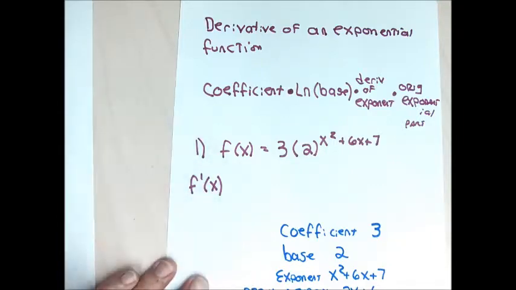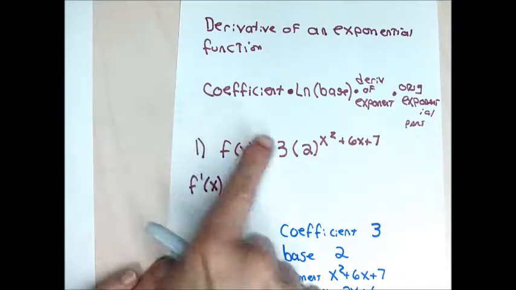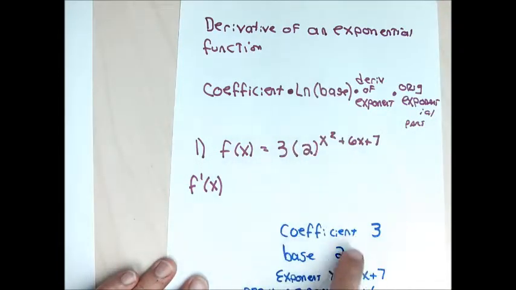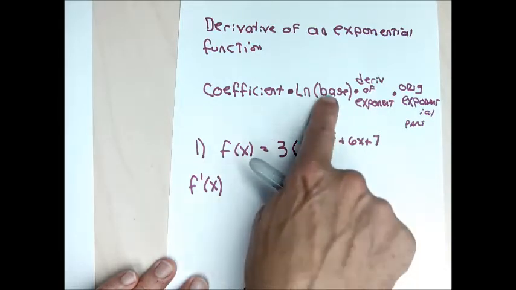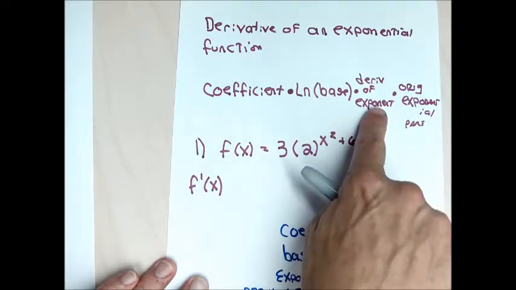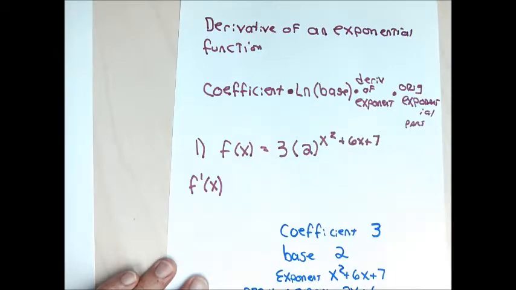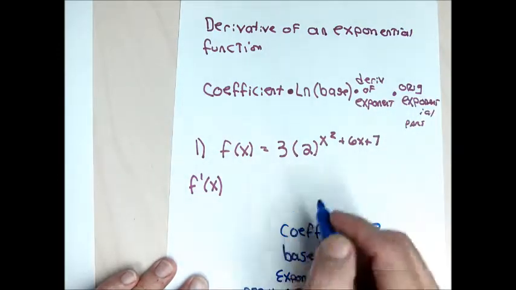So when I go to write down the derivative, I have the coefficient of 3, the natural log of the base is going to be 2. I'm going to put the natural log of 2. For the derivative of the exponent, I'm going to put 2x plus 6. And for the original exponential part, that's this.